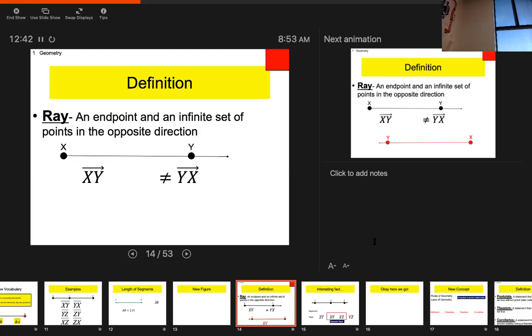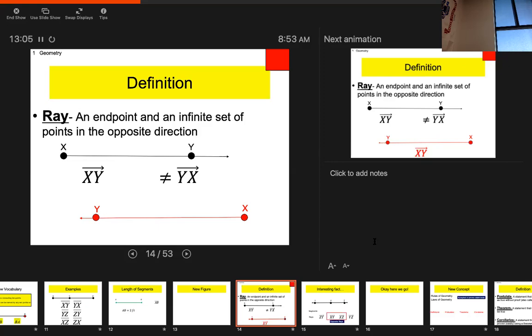The ray starts at X and goes in this direction. So that's why it must be XY. YX means the ray that goes in this direction. Oh, it doesn't continue. It stops right there. What's the name of that ray? The red one. Okay. Why not YX? Because it doesn't start at Y, it starts at X.